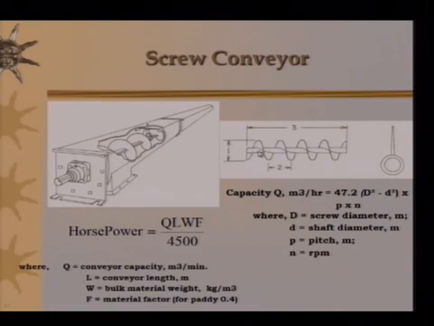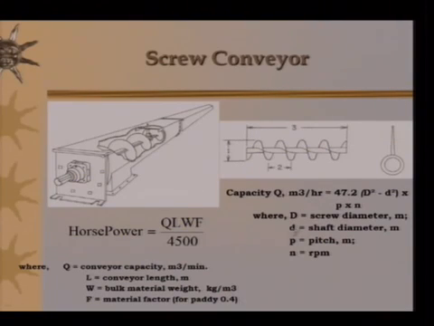This is the main shaft, and the flights are arranged over it. Distance between the two flights is known as pitch, and total length is known as L, whereas the diameter is known as diameter of the flight, which is given here.